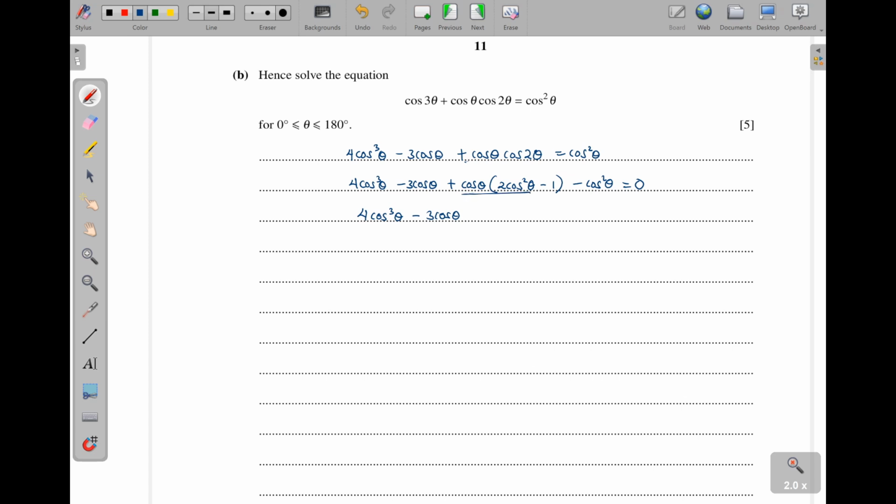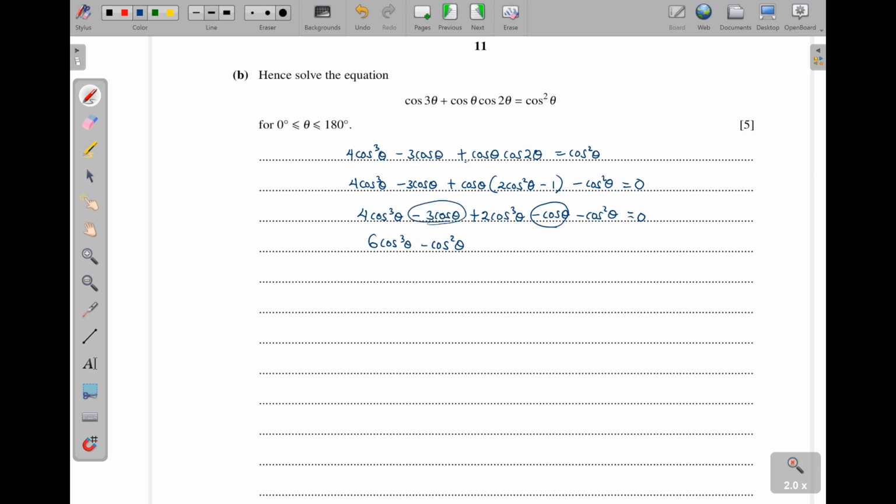So 4 cos cubed theta minus 3 cosine of theta. Then when we open here, that is plus 2 cos cubed theta minus cos theta, minus cos squared theta, which is equal to 0. So this is 6 cos cubed theta, and then minus cos squared theta, this one here, and then we go to the cosine of theta.